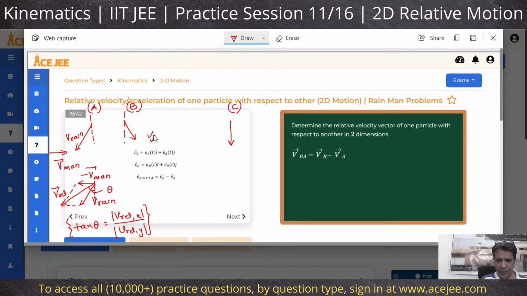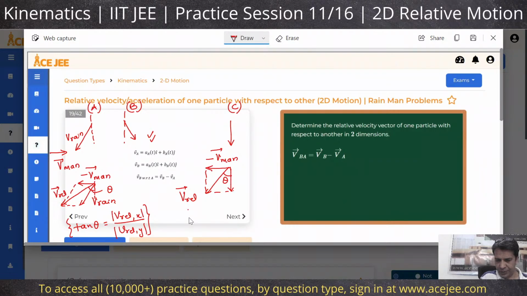And same thing here as well. C is relatively straightforward. If this is your V rain, and this is minus V man, and somebody asks what is the angle that the relative velocity of the raindrops makes with the vertical as seen by the man, the man would report that the raindrops are falling at an angle theta.